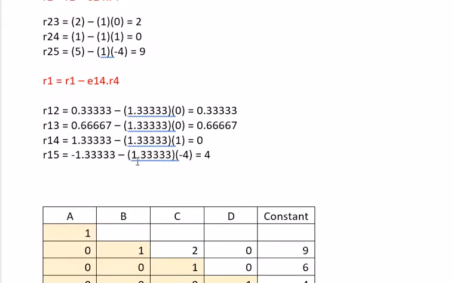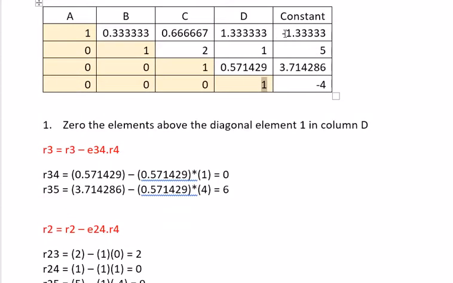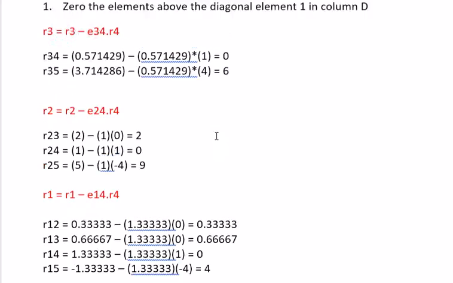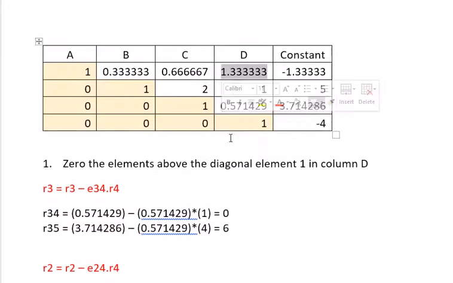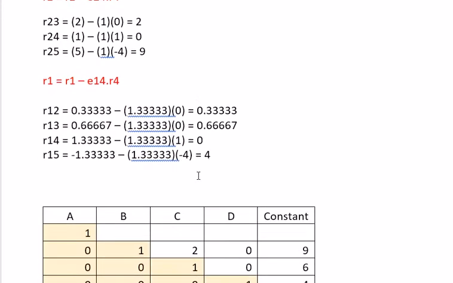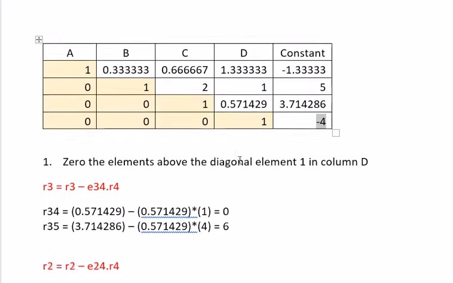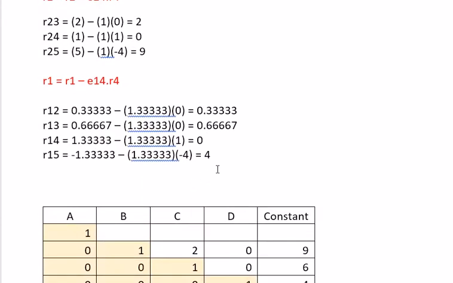And R15 is equal to negative 1.333, minus the constant value of E14 times the value of row 4 directly below the element in row 5, that will give you 4.